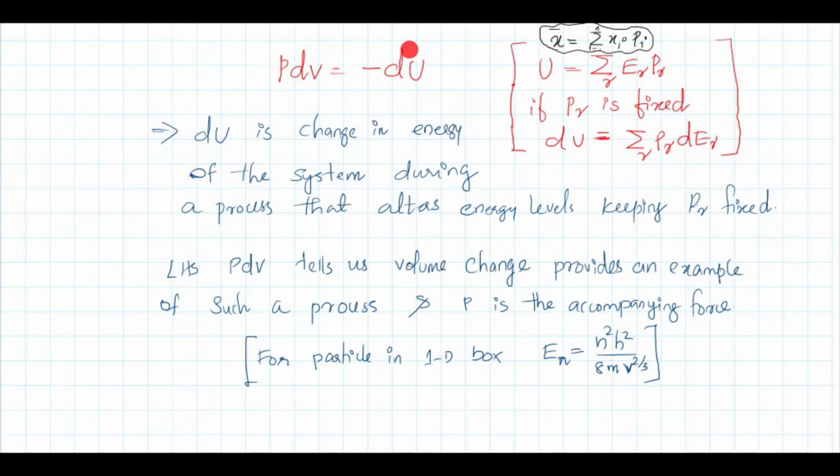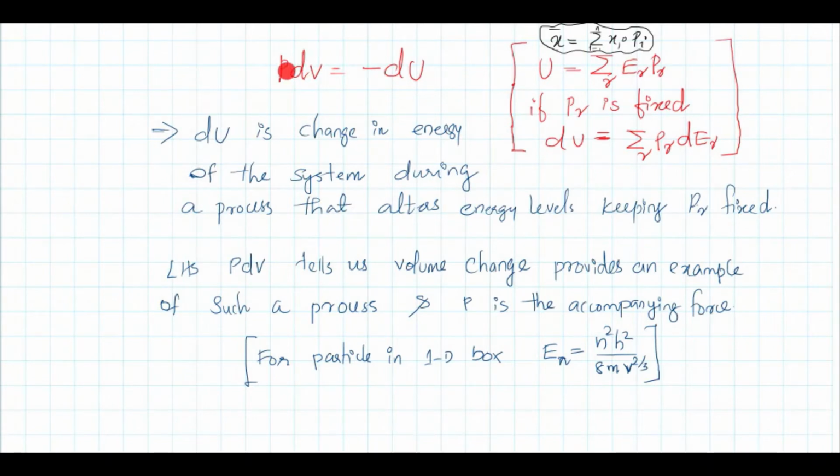If you fix the PR probabilities and vary the energy levels, that will make a change in the average energy of the system, and that is given by minus dU. The left hand side says that this can be visualized by a process in which there is a change in volume.